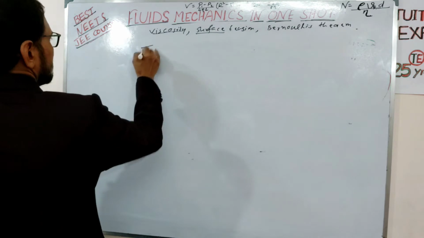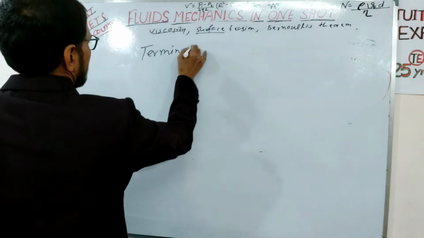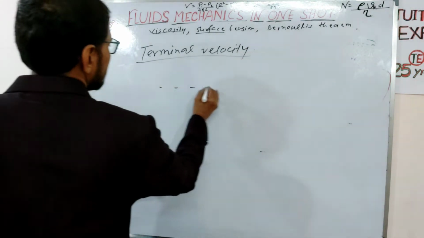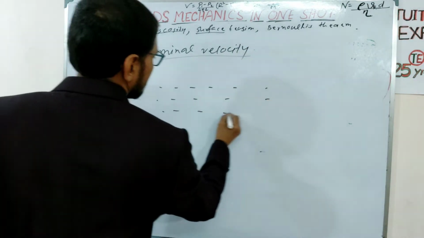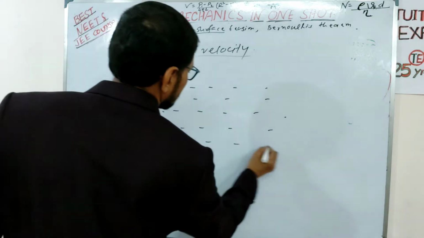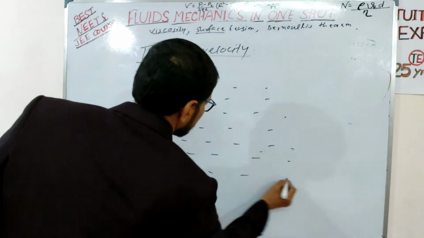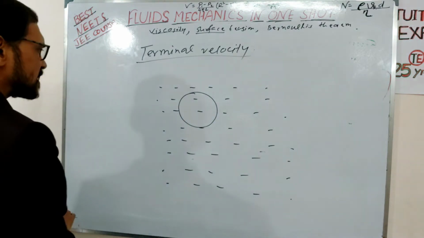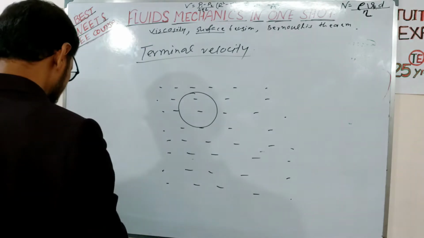Now, what is the terminal velocity when a spherical ball moves through a liquid?